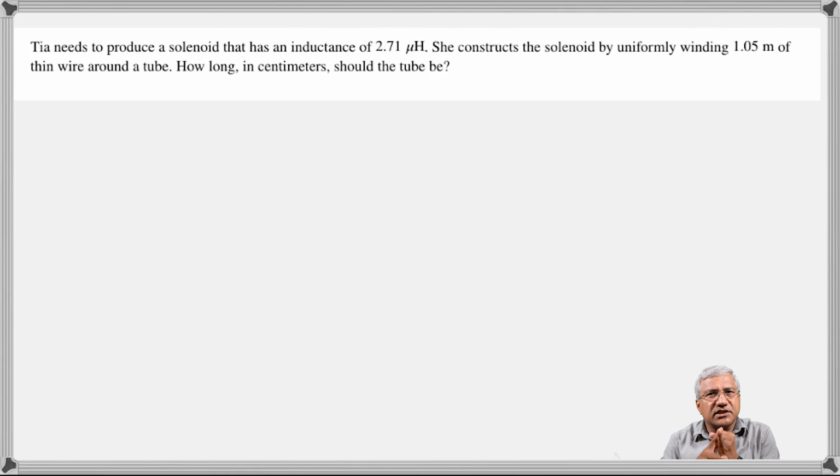The number of turns is not given. The radius of the tube is not given. All you're given is the length of the thin wire used. So that's why it was confusing.